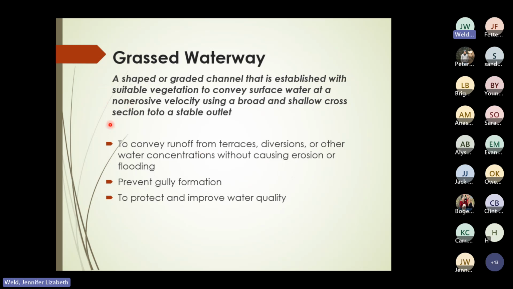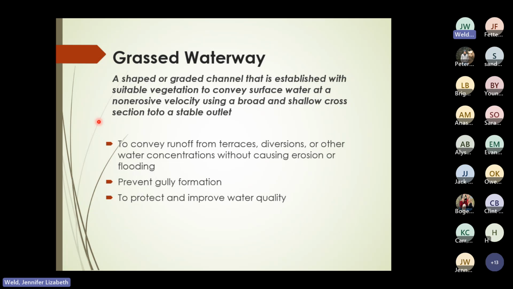Installation of a grass waterway can help prevent a gully from forming there. Basically, it is a shaped and graded channel. It's established with vegetation, specific types of vegetation that convey the surface water. The velocity is slowed down within a grass waterway to the point where it is non-erosive. So it's going to be broad, shallow, and have a stable outlet.